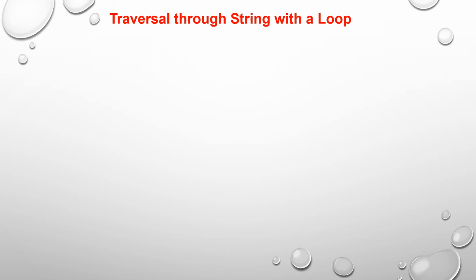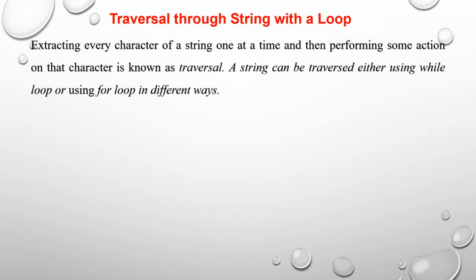Now we will look into traversal through a string with a loop. Extracting every character of a string one at a time and then performing some action on that character is known as traversal. A string can be traversed either using a while loop or a for loop.